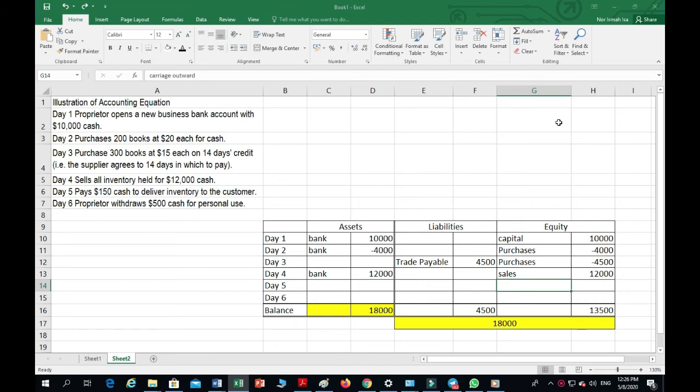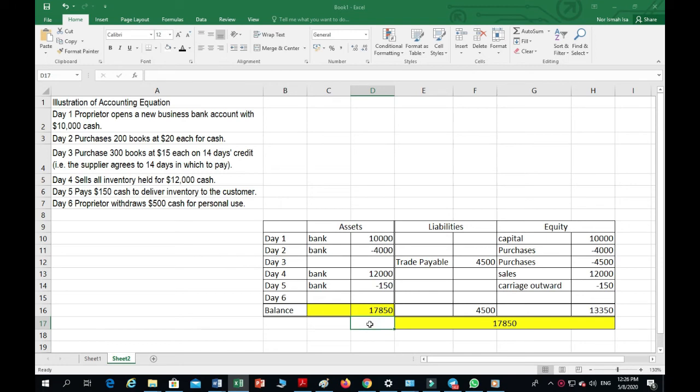Day 5. Pays $150 cash to deliver inventory to customer. So this is expenditure for delivering goods to customer, and it can be classified under carriage outward. The carriage outward will decrease the equity side by $150, and the payment was made by cash, so the bank also decreased by $150.